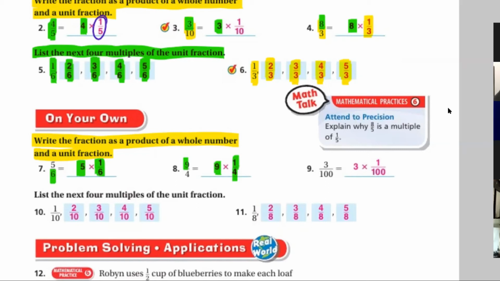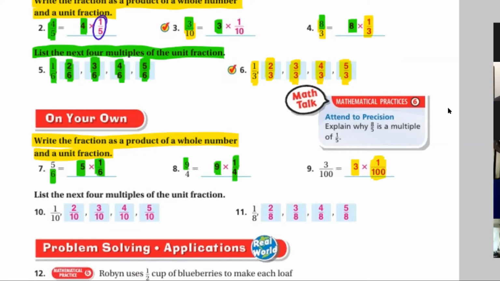Yes. Okay. Number 9. Can you help with it? Yes. So we have 3 over 100. So we're going to write 3 here. And 3 multiplied by 1 over 100. Why 1 over 100?